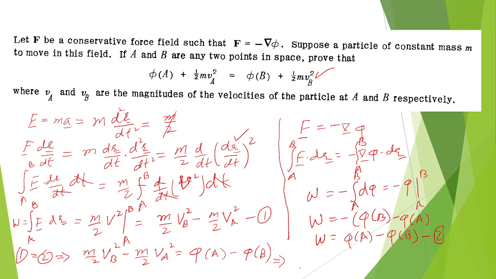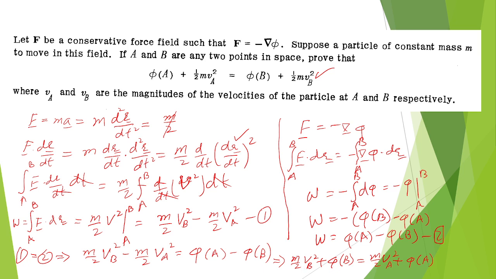Rearranging, we have m by 2 vB square plus phi at B is equal to m by 2 vA square plus phi at A. So what is this?